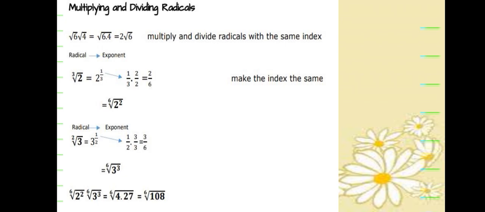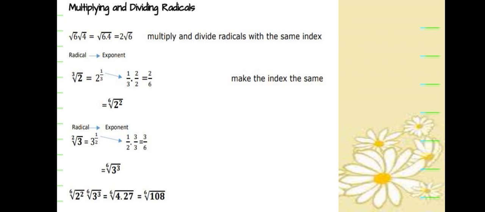Radical to exponent. Square root of 3 is equal to 3 to the 1 over 2. So 1 over 2 times 3 over 3 is equal to 3 over 6. So 1 times 3 is equal to 3, and 2 times 3 is equal to 6.